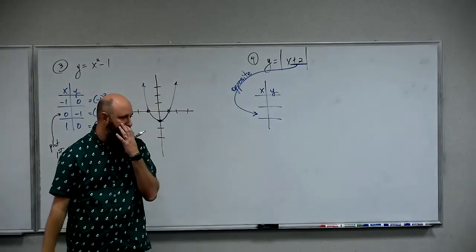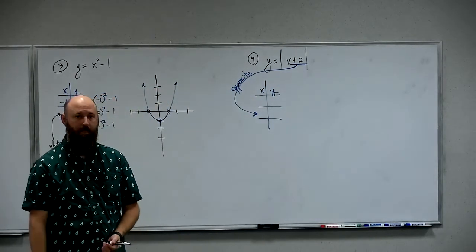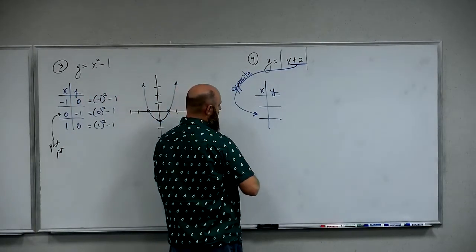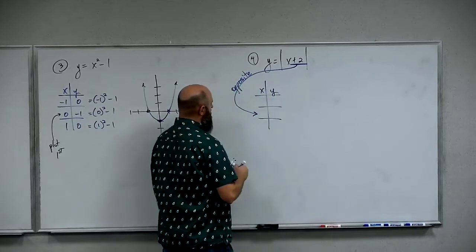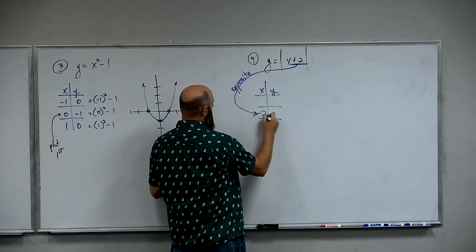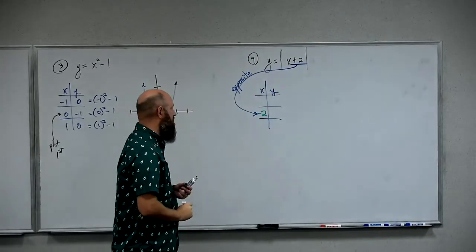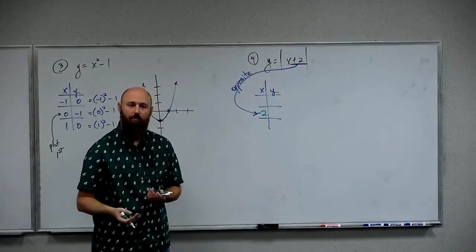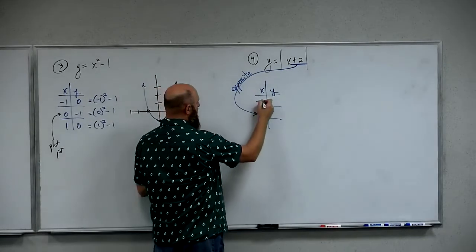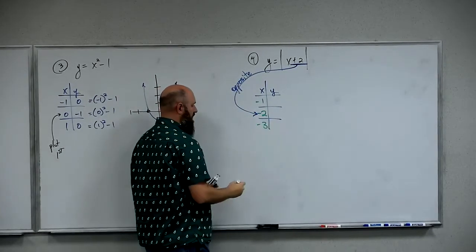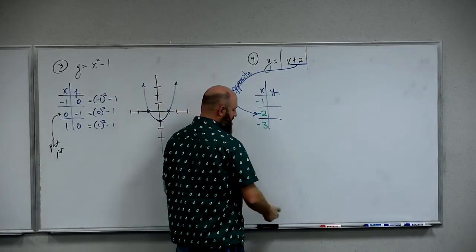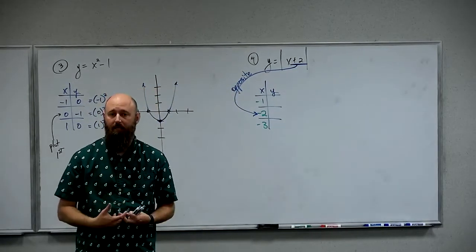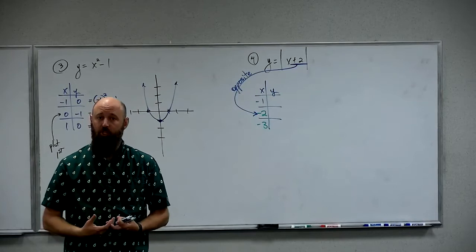So +2, the opposite of that is a -2. Let me do this in green here. So -2. And then we pick numbers on either side of -2. If we look at a number line, we would have -1 and -3. And so those are the numbers that we plug in that are going to create my V shape.